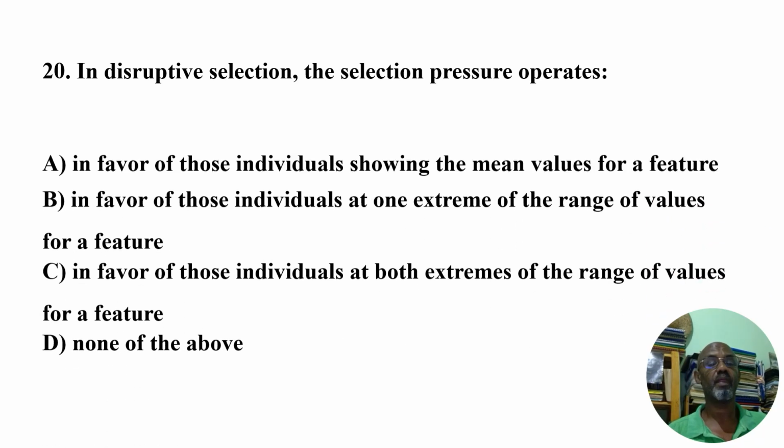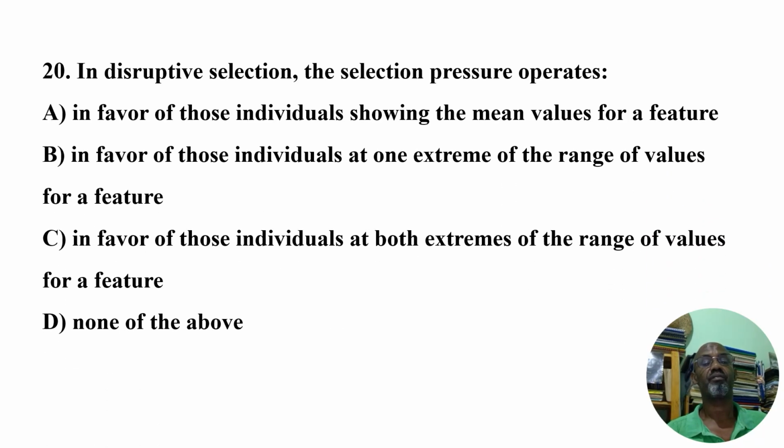Question number 20. In disruptive selection, the selection pressure operates A. in favor of those individuals showing the mean values for a feature, B. in favor of those individuals at one extreme of the range of values for a feature, C. in favor of those individuals at both extremes of the range of values for a feature, D. none.